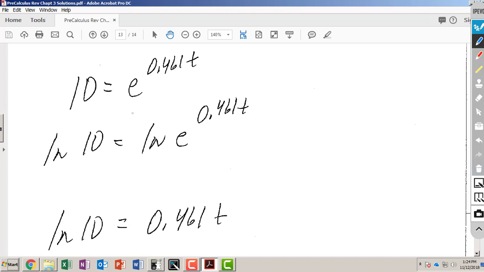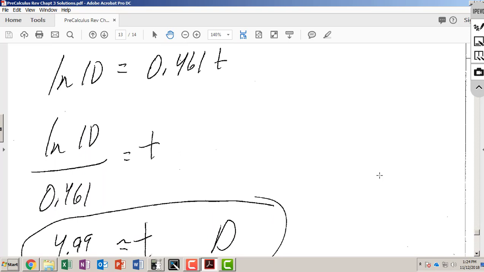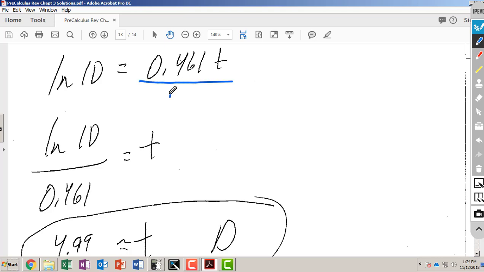I take the ln of both sides, and I get the ln of 10 all equals the ln of e to the 0.461t. That's going to cross out, and I'm going to end up with the ln of 10 all equals 0.461t. So now I go ahead and divide both sides by 0.461.